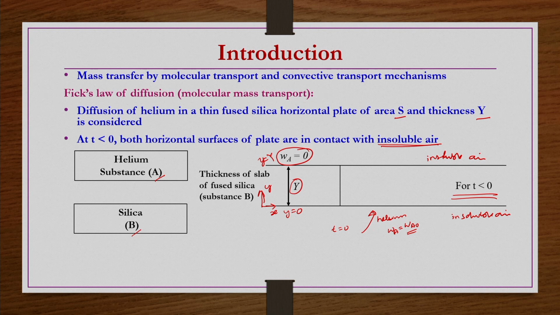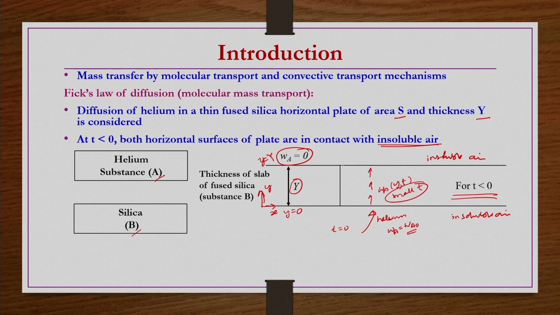Then, because of the molecular transport mechanism, this helium will penetrate into the surface gradually and a concentration profile will develop. That concentration profile is a function of both y and t for small t, right.